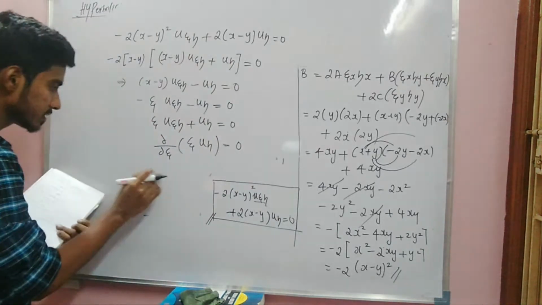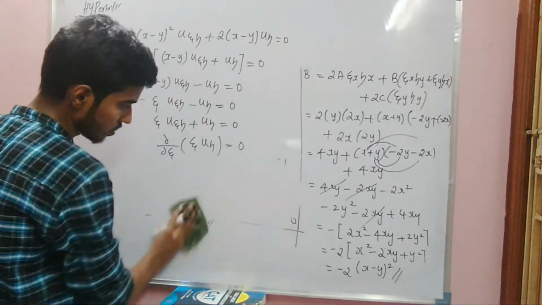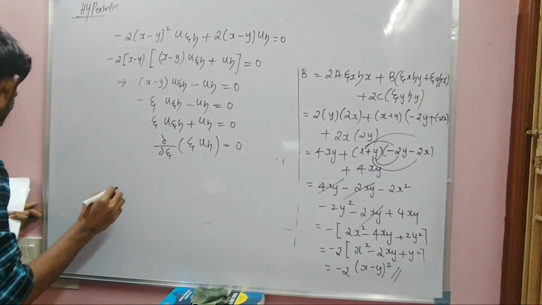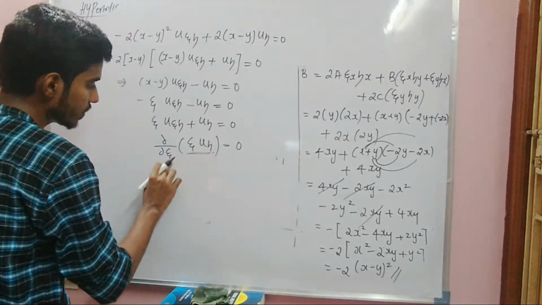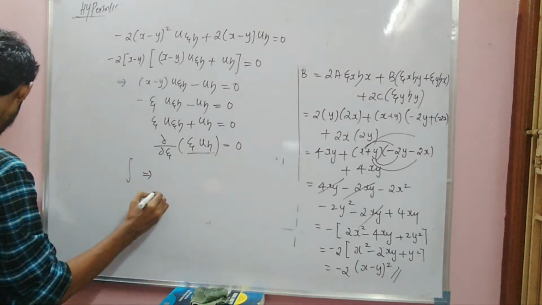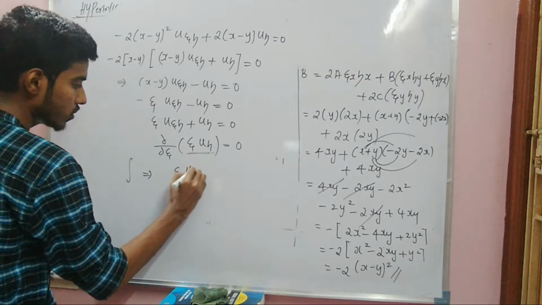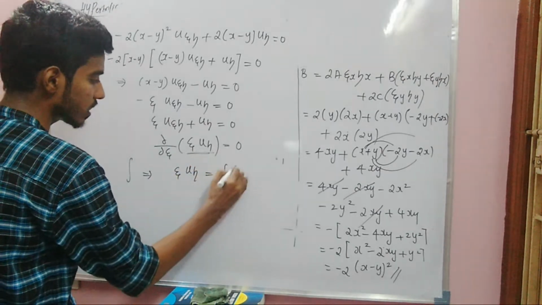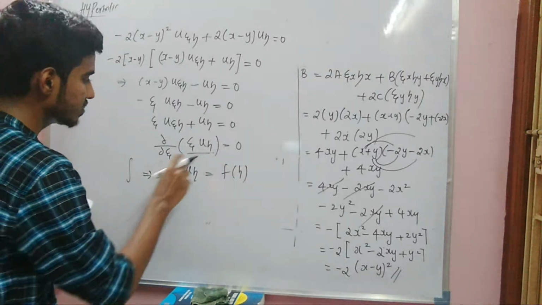So if I integrate this, you can see that if I differentiate this term, it will be equal to 0. So if we integrate this, we will have this term theta u eta is equal to some function of eta, because this is nothing but a constant, right?